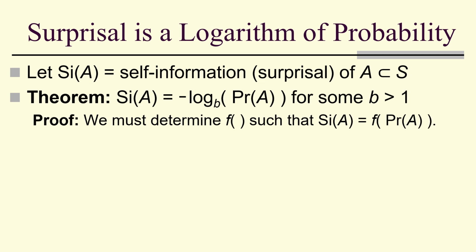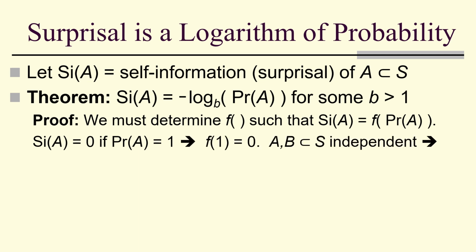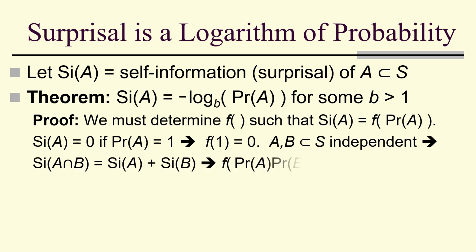We have to determine an f such that the surprisal, or self-information of A, is a function of the probability of A. So first off, we notice the surprisal of A is 0 if the probability of A is 1. In other words, f of 1 is 0. And that if A and B are independent, then the surprisal of the two jointly is the sum of the surprisals.